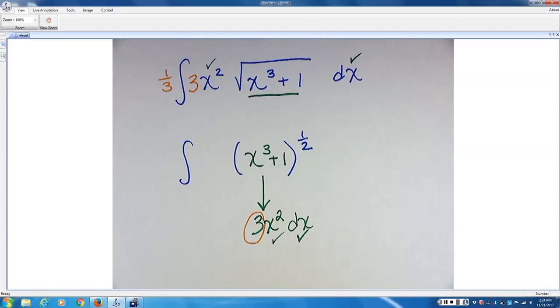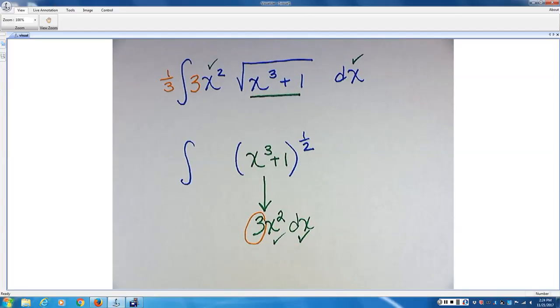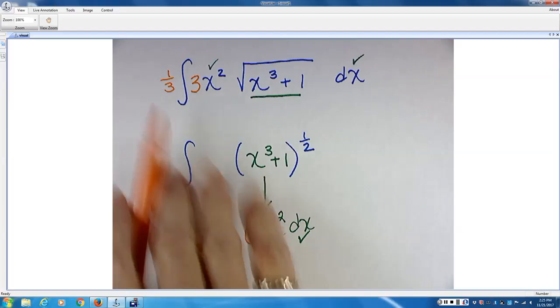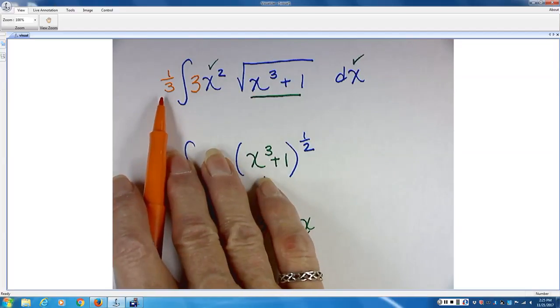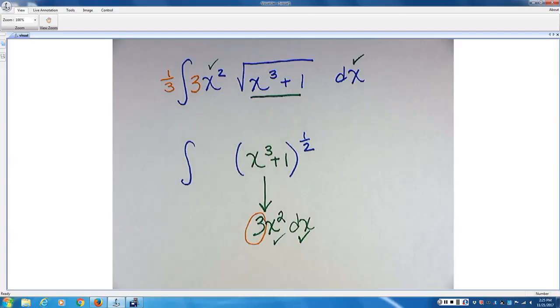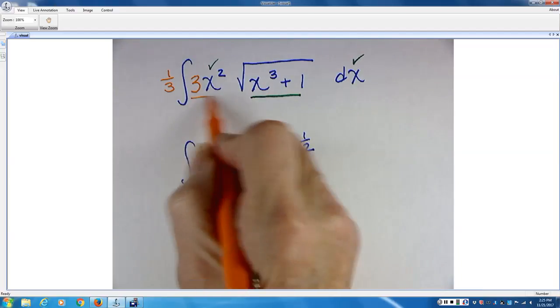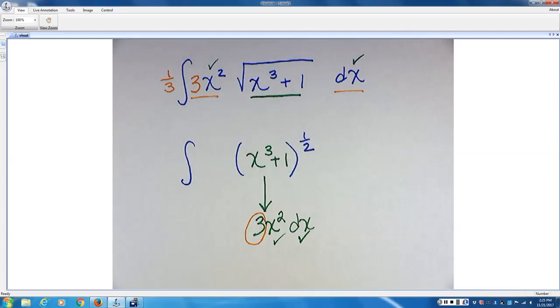So is the net result of what I just did no change? Yeah. If you have to add a constant, put the constant in there. Then put 1 over the constant out in front. If that constant's a fraction, flip that fraction over after you put it in and put it out front. Basically, you take the reciprocal of what you need and put it out front, and what you need on the inside. Because now that I've got that, I have du.